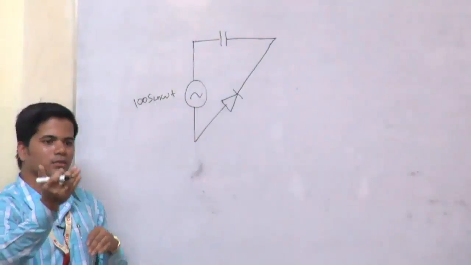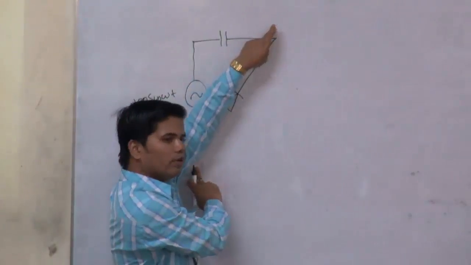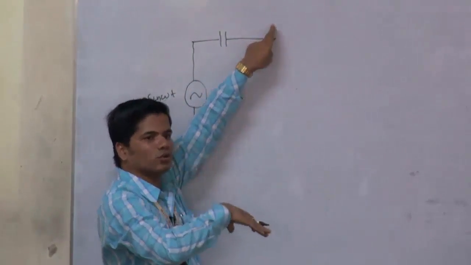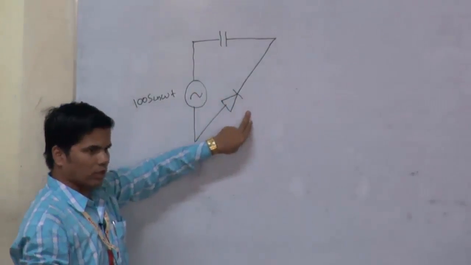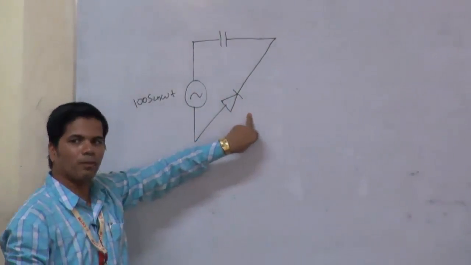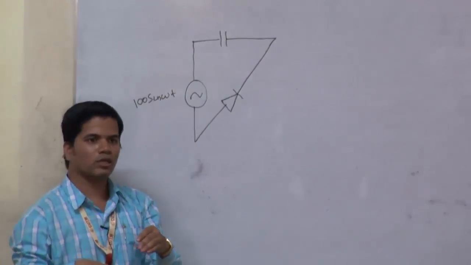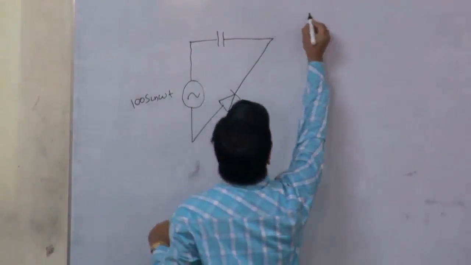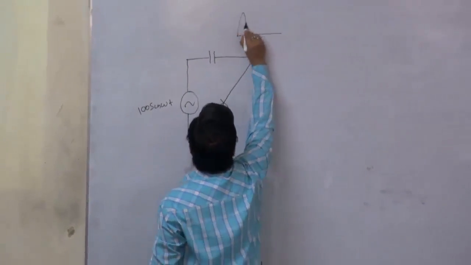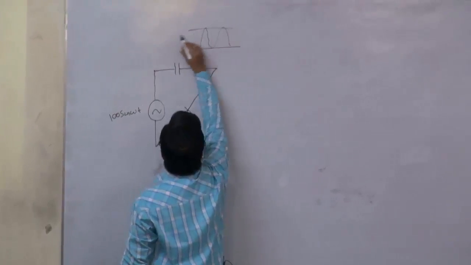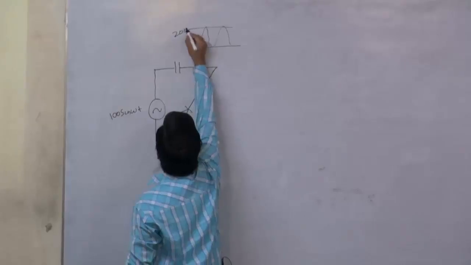Its maximum voltage is 200 volt, which means across these two terminals you will never get a voltage less than 0, because whenever it comes in the reverse direction, the diode connected in this manner will oppose the voltage falling below 0. So across these two terminals we can get a voltage where this value is 200 and this value is 0 volt.